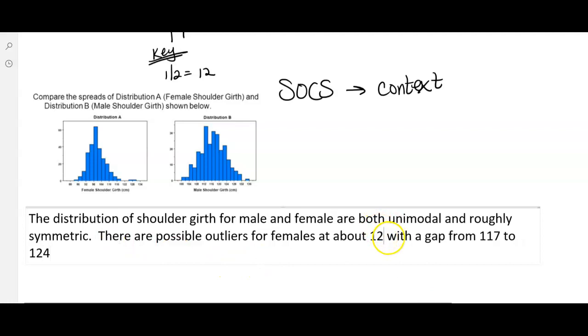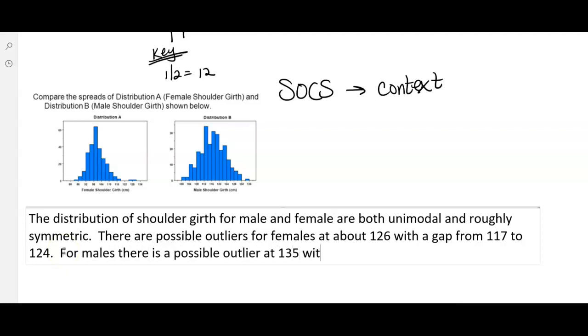And it's actually 126, not 128. Okay. For males, there is a possible outlier at 135 with a gap from 132 to 134, or to 135. Okay, so that takes care of my shape and my outliers.